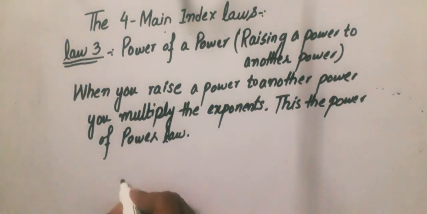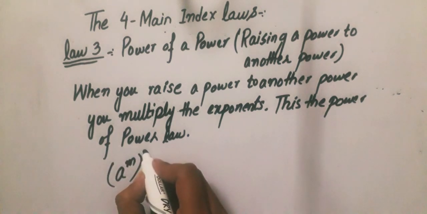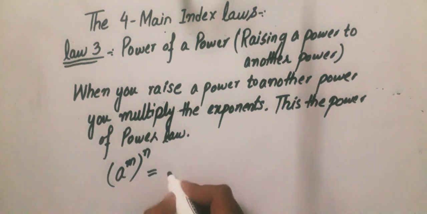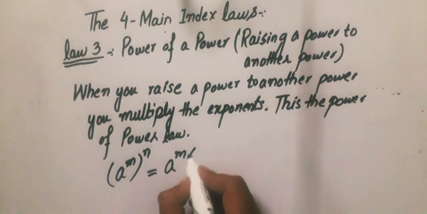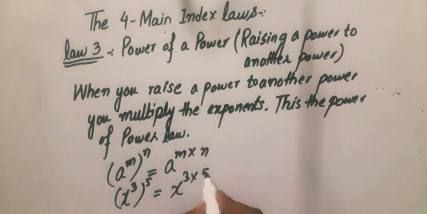The general form of this law is a raised to power m, whole power n, is a raised to power m into n. You will multiply m into n. According to this law, we can solve this example. x raised to power 3, whole power 5. Now 3 multiply 5, it will become x raised to power 15.